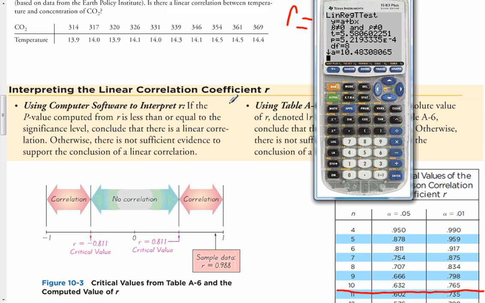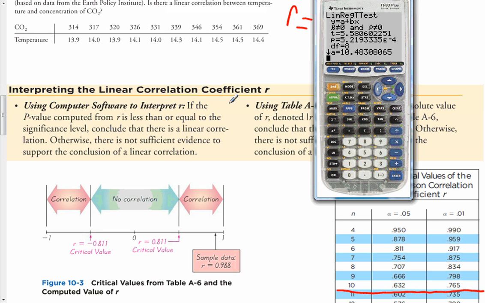The p-value here is 0.0005. This scientific notation is 5.2193335 times 10 to the negative fourth power. If you convert that to standard notation, that's 0.0005 if you round it.